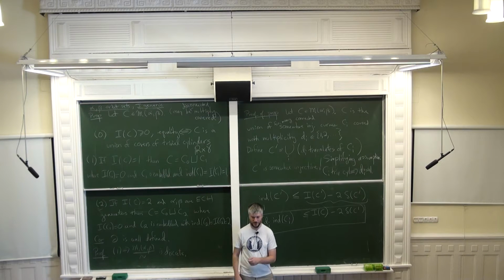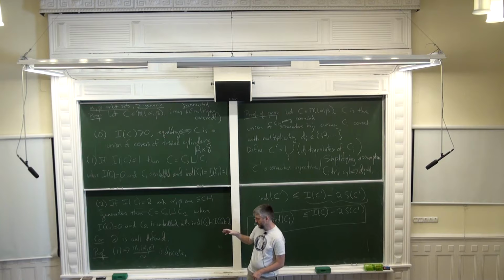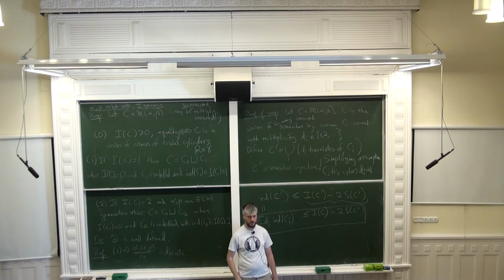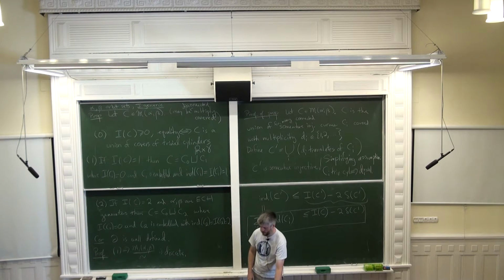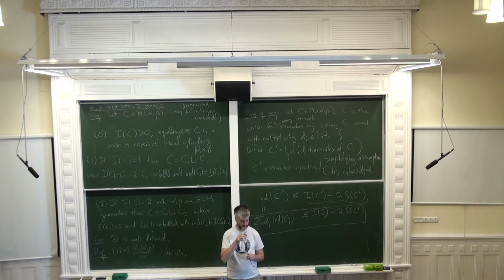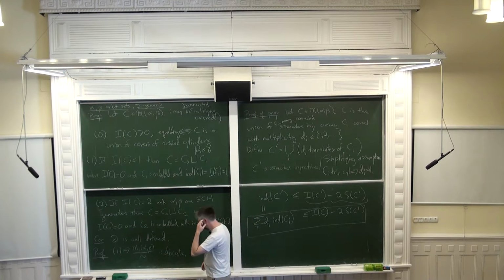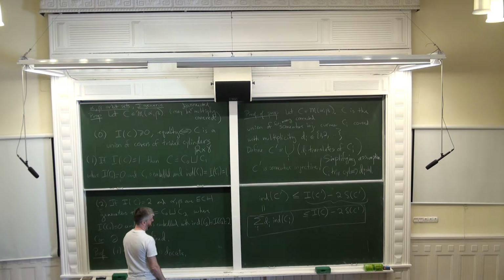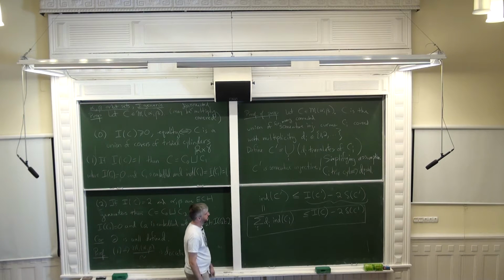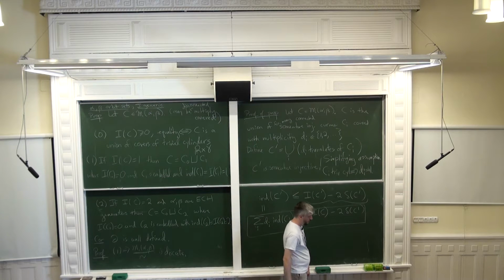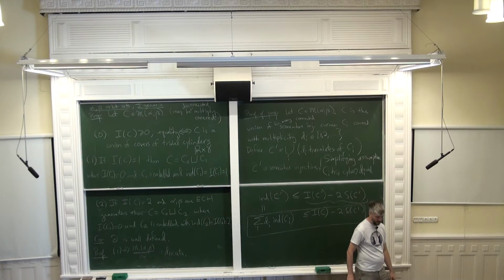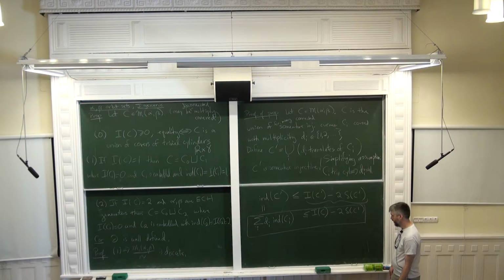You also need this to be compatible with respect to the ECH index. Anyway, this is a very interesting question that I don't know the answer to. Other questions? All right. So that's the proof that D is well defined, modulo minor issues.